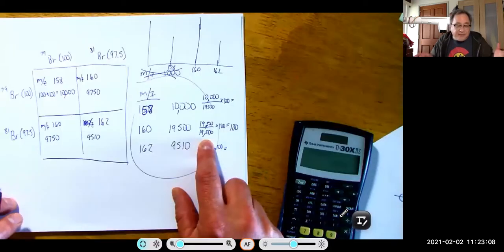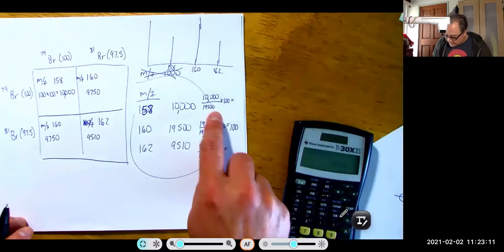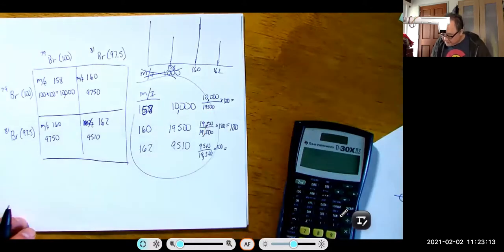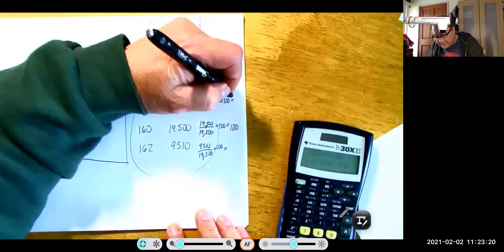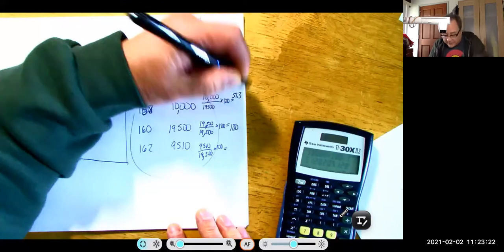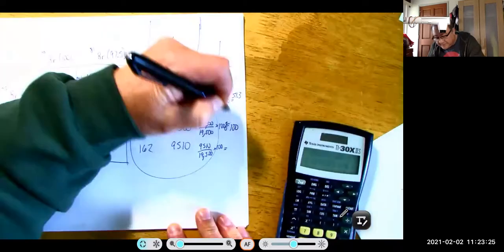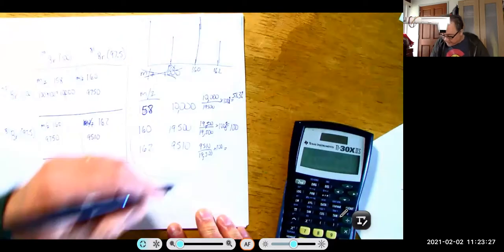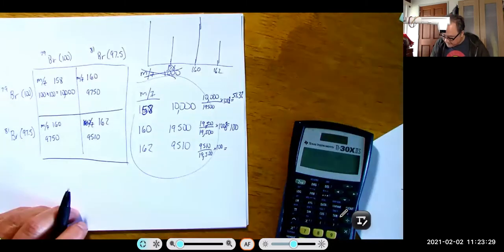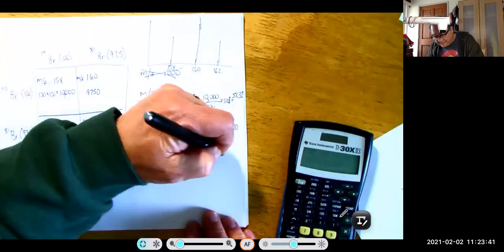That's the biggest peak. Let's use a calculator on this one. I get 51.3. And this should be percentage here. Let's see what we get on this one. I get 48.8.